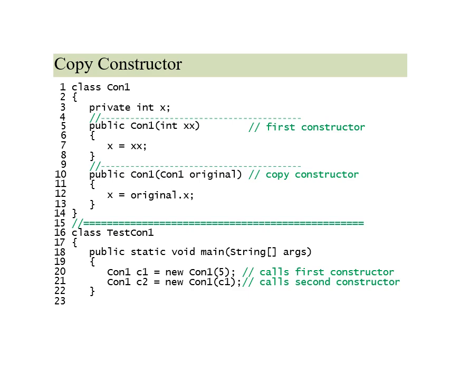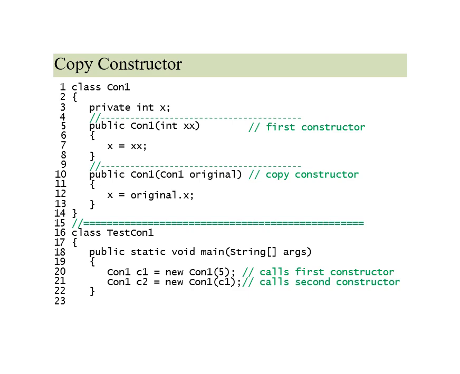Now, we then execute in main line 21, which also creates a second con1 object. I'm going to call the first one the original one, and the second one, which we create on line 21, the new one.